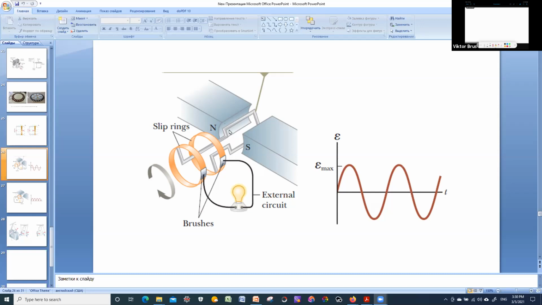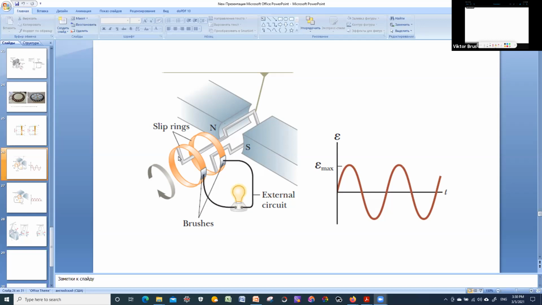So then we have some frame which can spin around its axis, and obviously while spinning with respect to this uniform magnetic field, there will be a time-dependent magnetic field flux through this frame. We will consider it in a second in more detail.